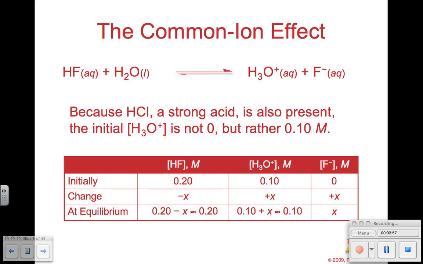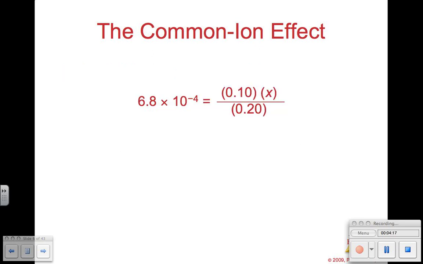So we drop the X at equilibrium because we're assuming it's pretty small. But remember, we're trying to solve for the fluoride ion, which is X. For the hydronium and the HF concentrations, we can just assume that X is very small, and so the initial concentrations we could use as the equilibrium concentrations.